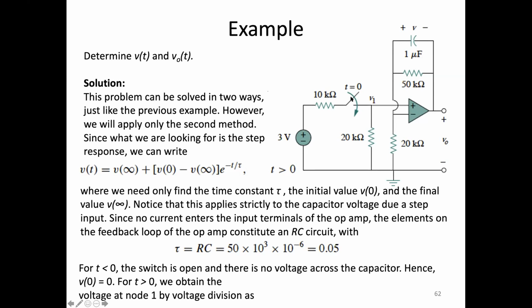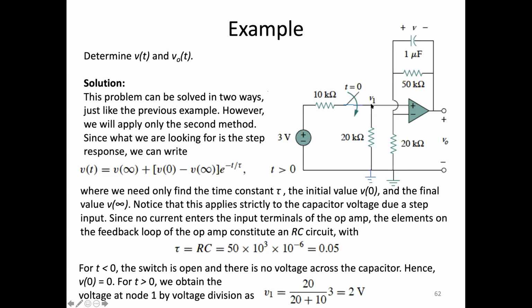Okay, so now let's look at after that switch flips. Let me just annotate this. If the switch is closed, this is ground, and there's a voltage source of 3 volts that is connected in series to a 10 kilo ohm and a 20 kilo ohm resistor.